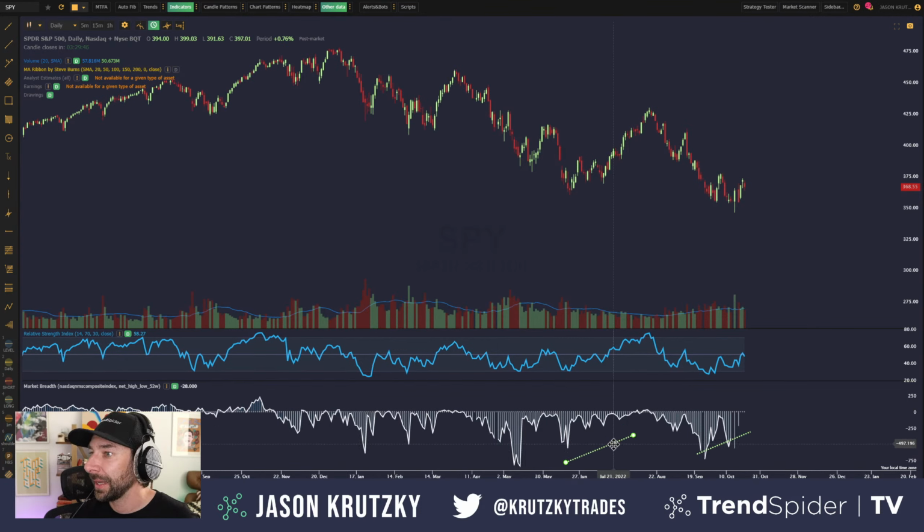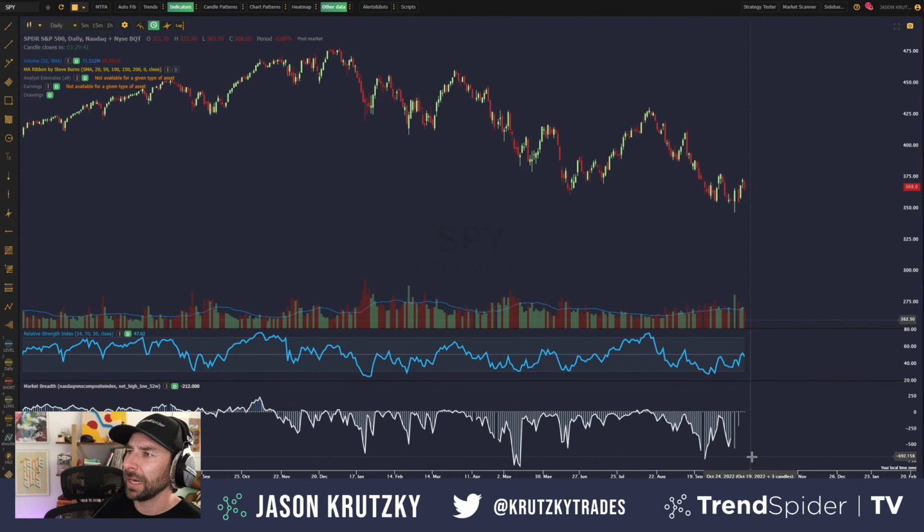One thing to think about, the way that I've been thinking about it, is in the same way that I use RSI, I'm looking for divergences. So if we make a new low in an index, let me go to QQQ. So we have divergence, right?